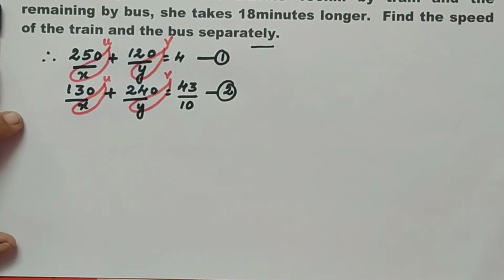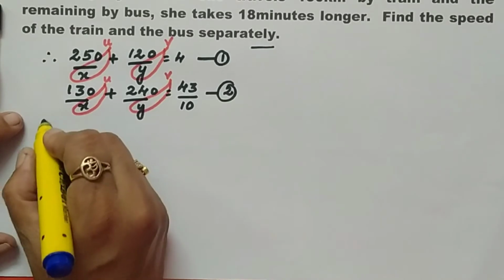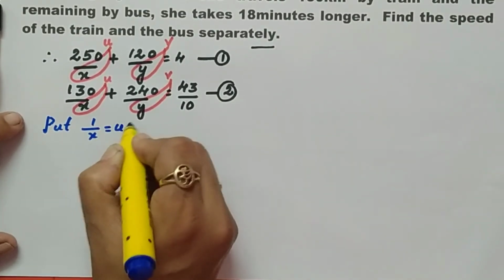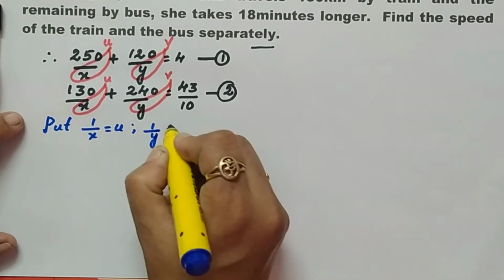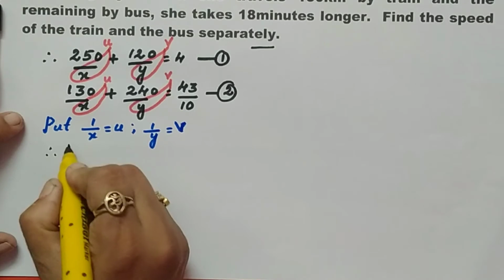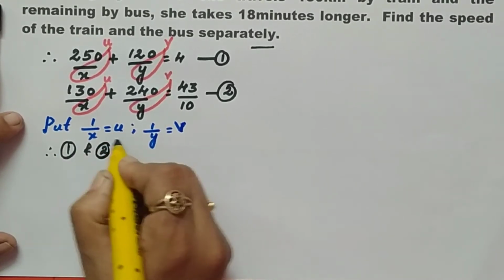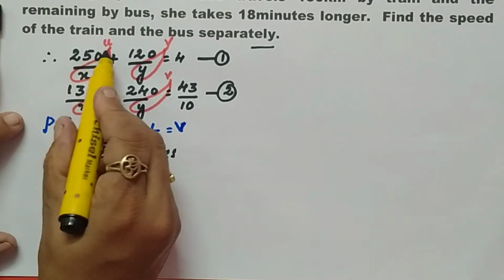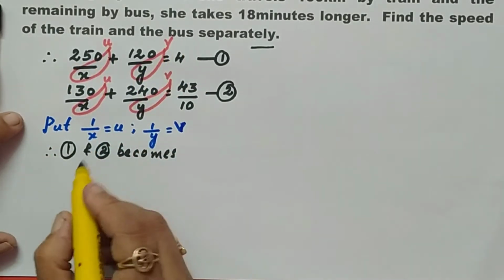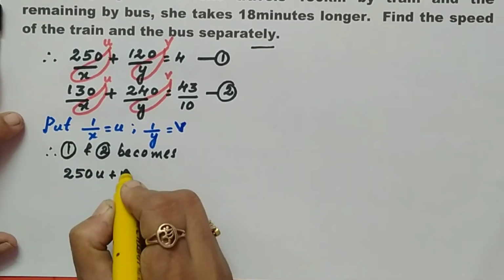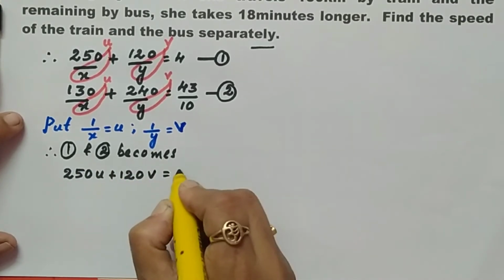Now I am going to solve these two equations by putting the substitution. Put 1 by x equals u and 1 by y equals v. Therefore, equation 1 and equation 2 become 250u plus 120v equal to 4.